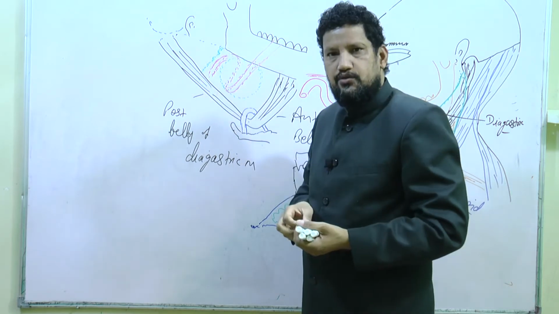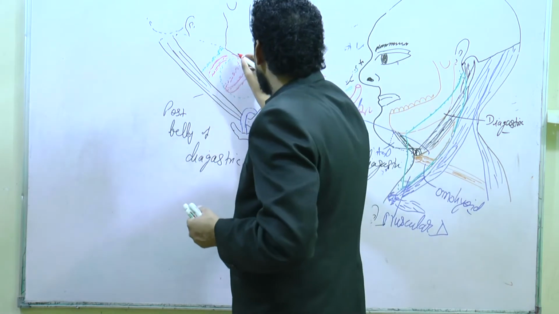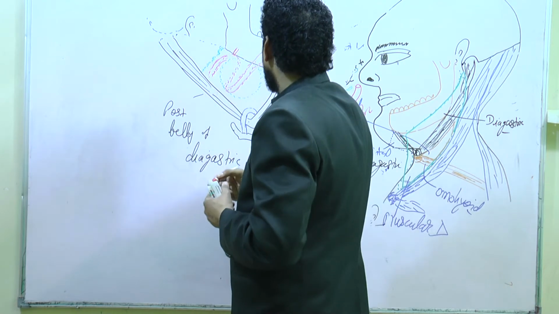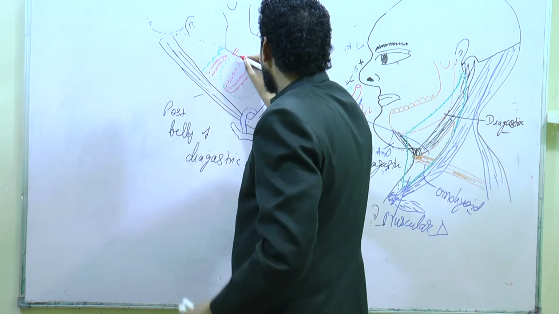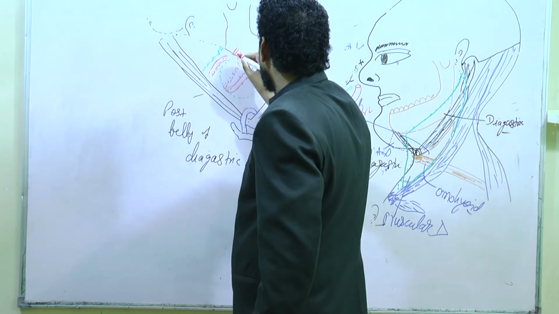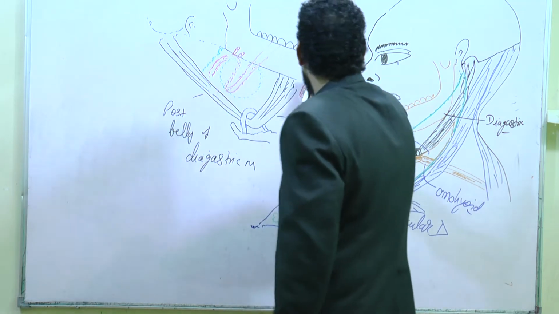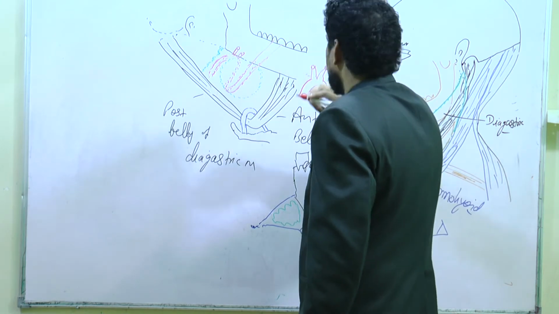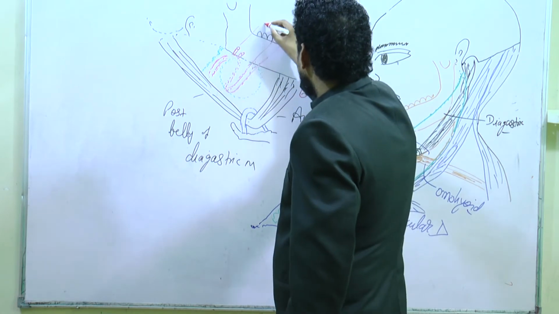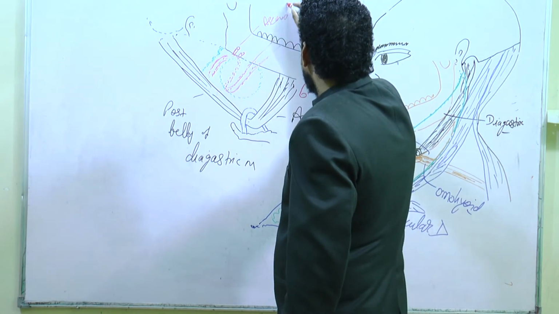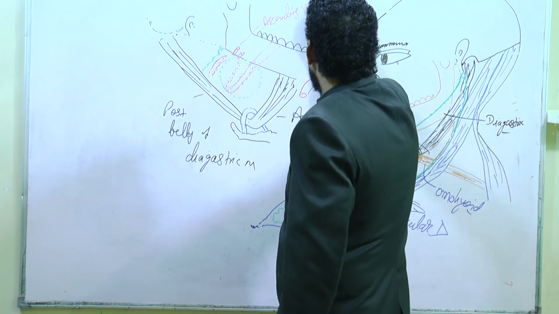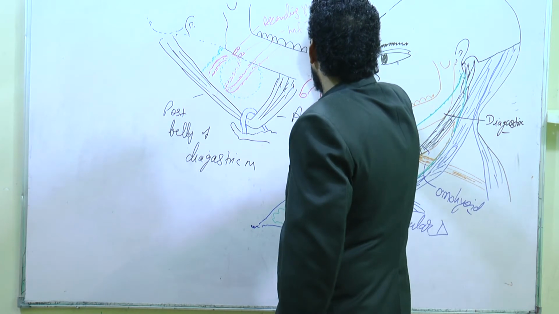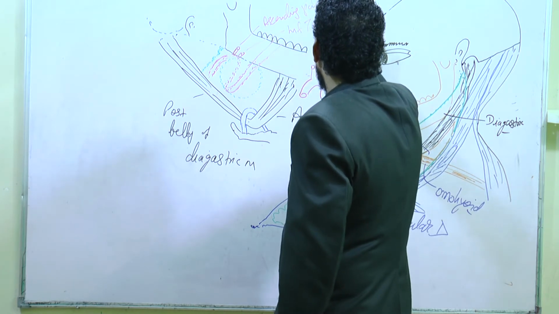Here it is giving two branches, the ascending palatine and the inferior tonsillar.